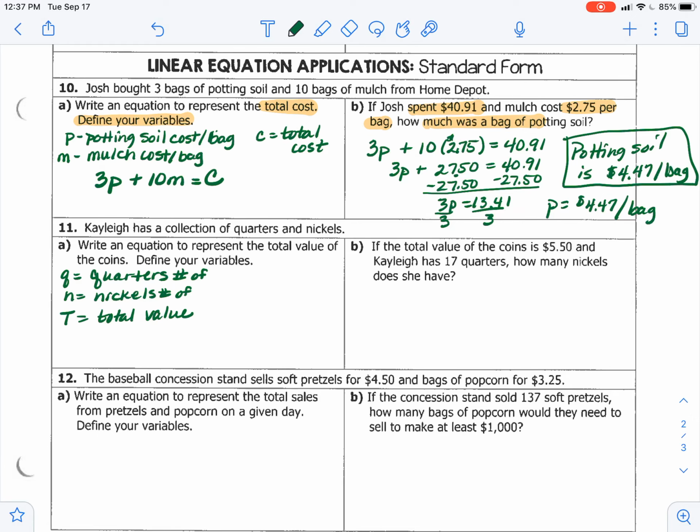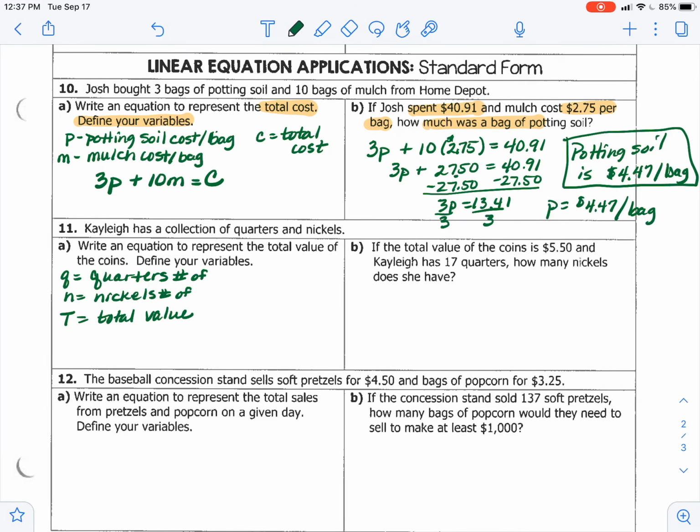Okay? Now, write an equation. So you've got to remember, anytime you do a coin problem, you've got to remember the value of coins. So remember, quarters are 25 cents, nickels are 5 cents. Now, you can do this one of two ways. One would be to put in .25 quarters plus .05 nickels equals the total.